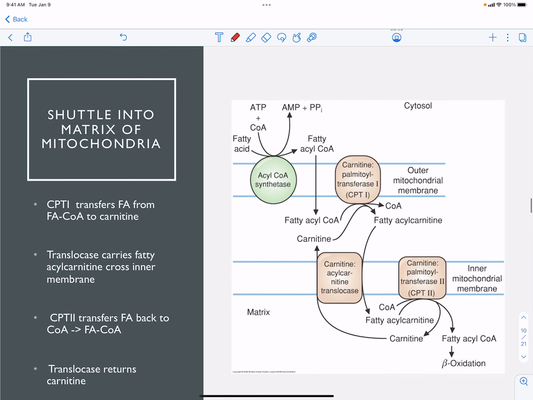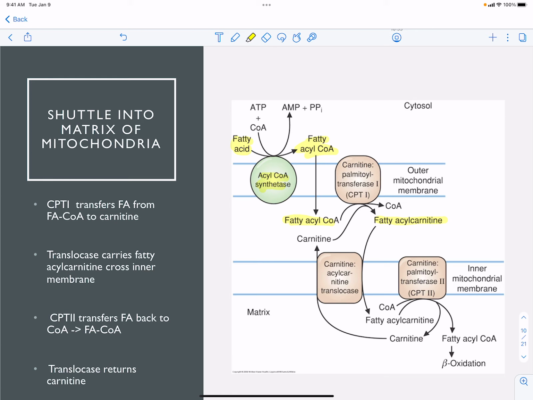Okay, so now that we have our activated fat and we know that we need energy in the cell, we want to get this activated fat into the mitochondria, so we're going to have to transport it. Again, we had our fatty acid, we had our acyl-CoA synthetase, we brought in an ATP and a coenzyme A, and we spit out the fatty acyl-CoA, our activated fat. Our activated fat now reaches the inner membrane of the mitochondria, and there you're going to exchange your coenzyme A, remember it's the activated portion, for carnitine, forming fatty acylcarnitine.